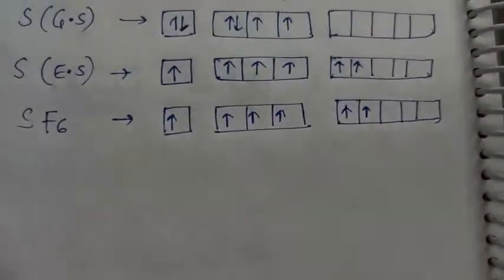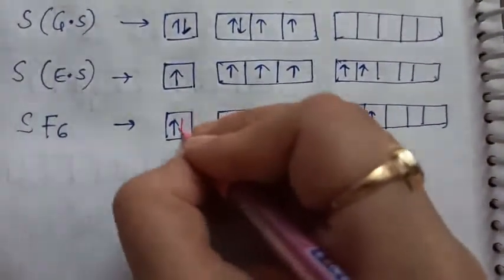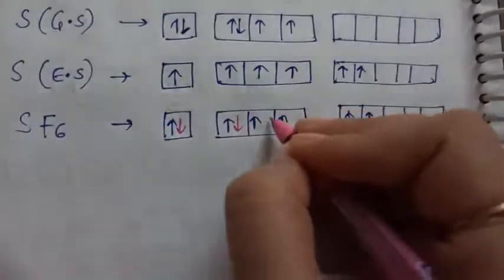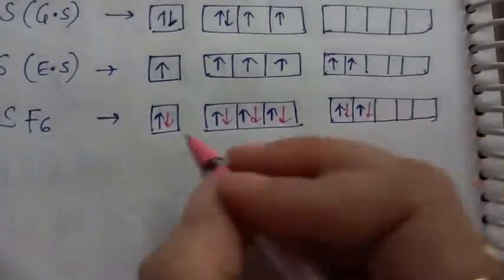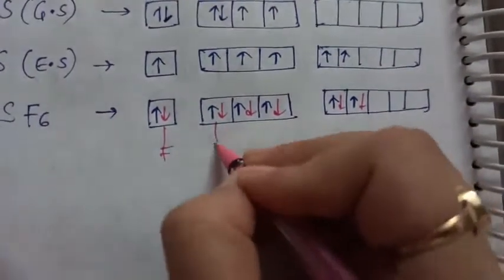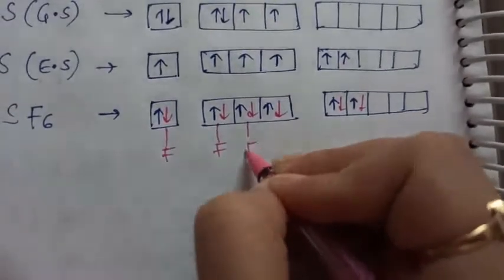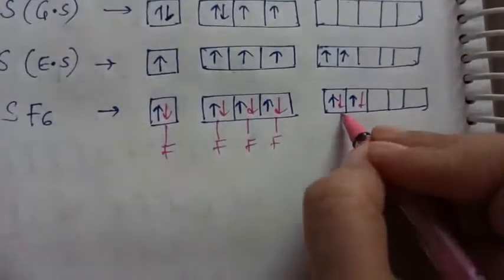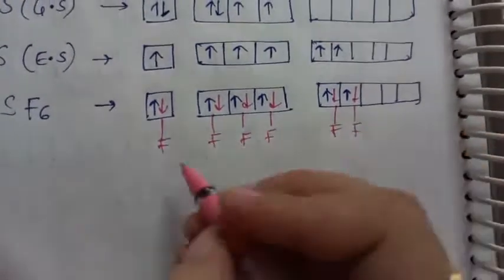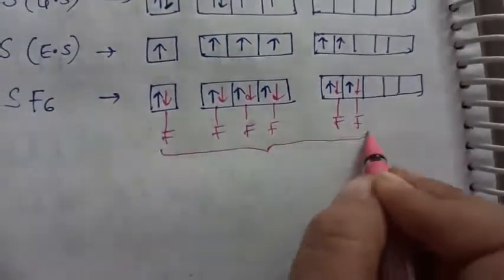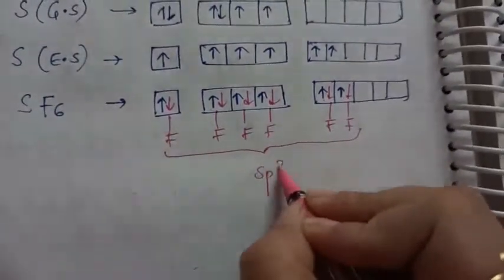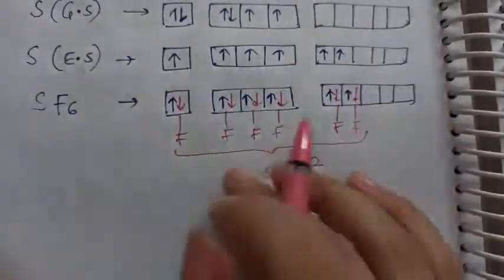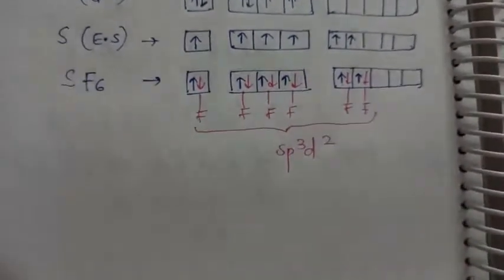Now what will happen, each of the sulfur electron will get paired with fluorine. Okay, like this. So the pink electrons are of fluorine. So here you have 1 fluorine. Similarly all are having 1 fluorine. And now you count, the hybridization is sp3d2. So your hybridization here is sp3d2. So it's very easy. This is how you need to do.